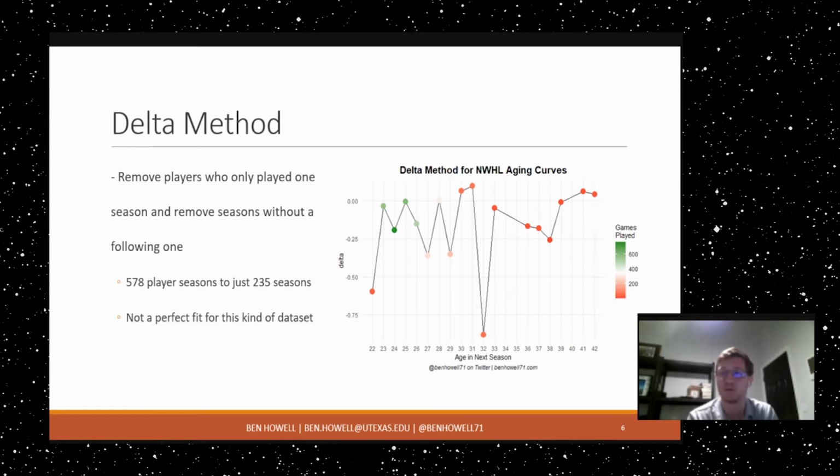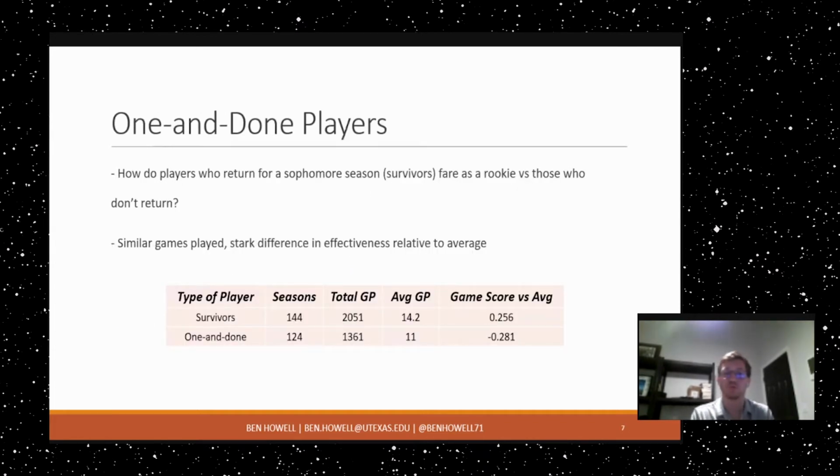And so really this was not a good fit for this kind of analysis, given how complete the data was, just due to some of the quirks around the NWHL itself. So that led me to the question of one and done players, since those players aren't included in the delta curve analysis.